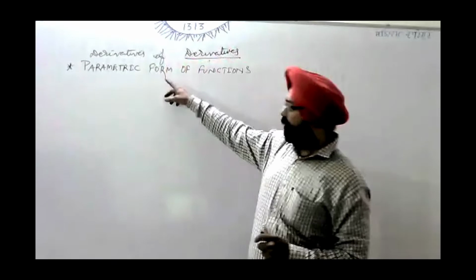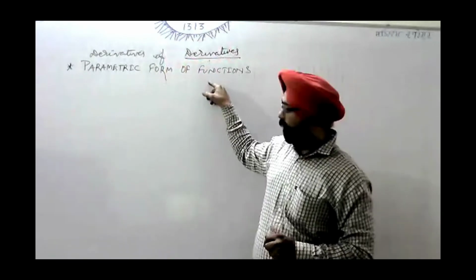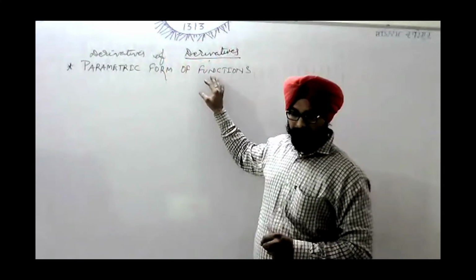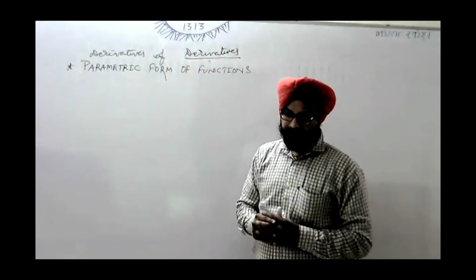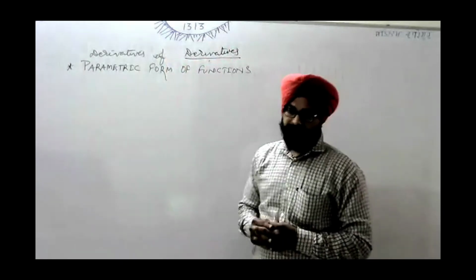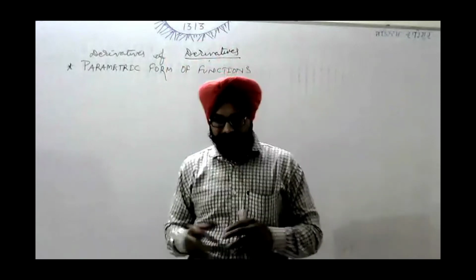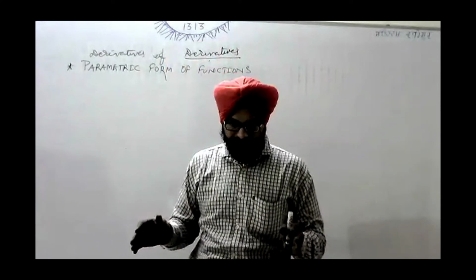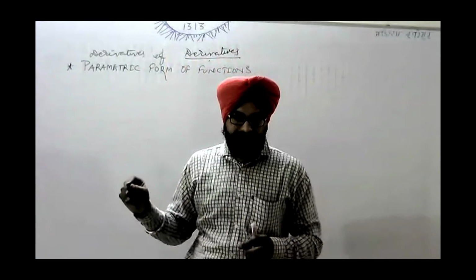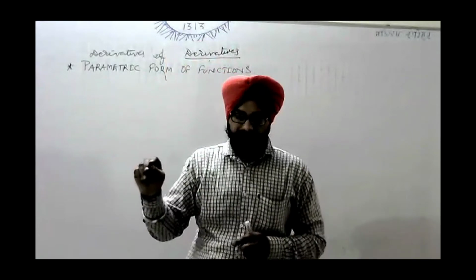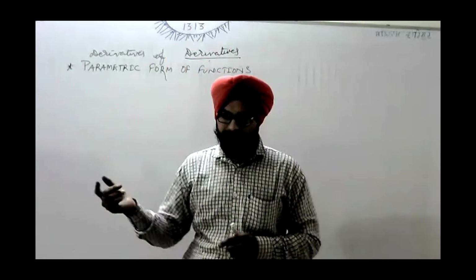Now here I have written the parametric form of a function. Actually, we have to see what this is about. So far we have seen that whenever a function is given, it is a relation between x and y. If y is not given, we are free to consider the given function as y equal to y. Simply we can begin.